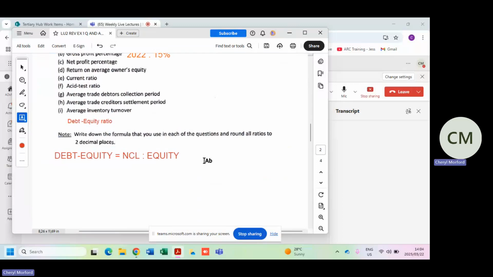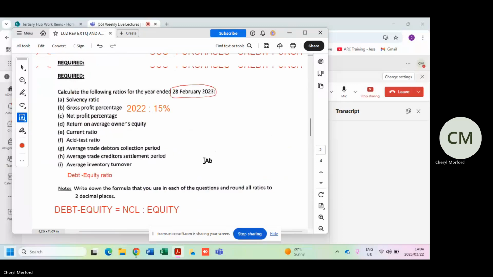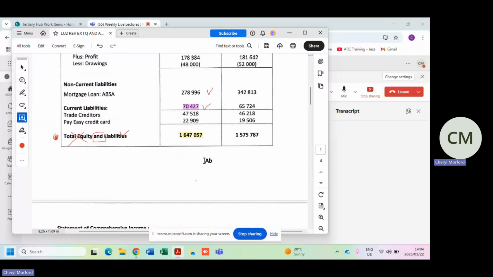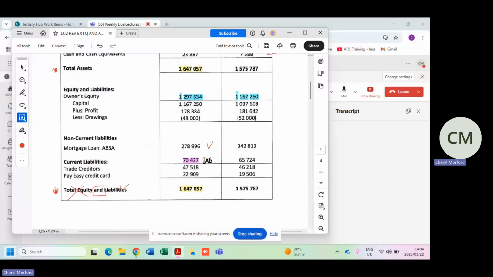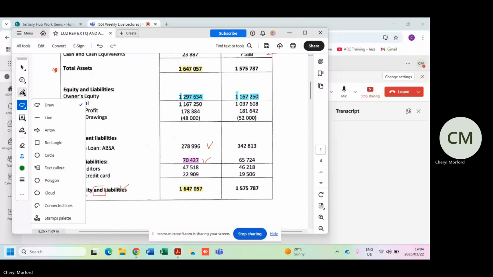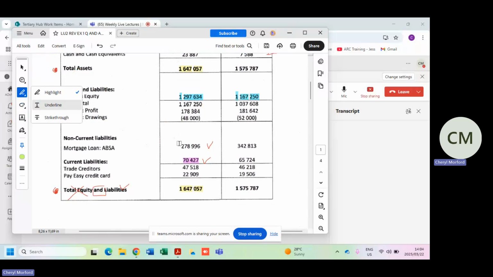Right, so we need to look at the information. So let's come here. We're doing it for 2023. Our non-current liabilities, in this case, is just the mortgage loan. And where's our value? There. So that 278,000 is the non-current liability.